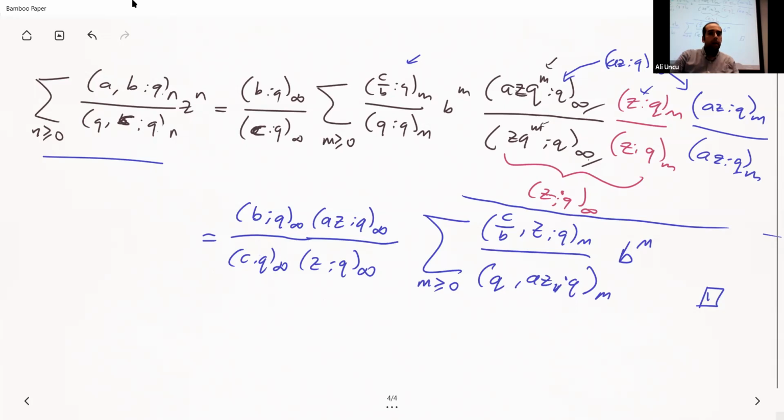So I want to say one more thing too. We could have picked a and c in the beginning. So we picked b and c, right? We picked b and c and pulled them out. The choice of c is always the same because the other one is (q;q)_m.